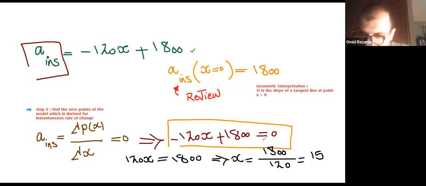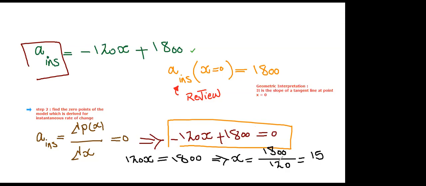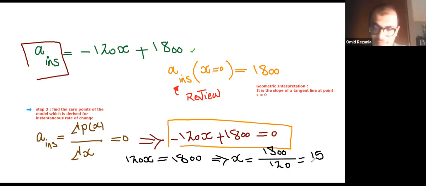Yes, fantastic. That's right. 1800 divided by 120 is 15. Thank you very much. And now, guys, I'm going to go back.